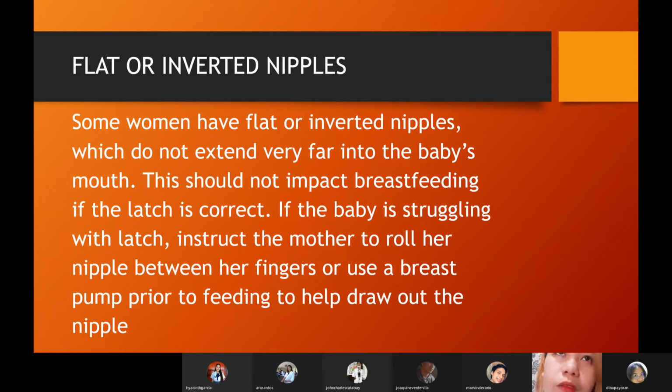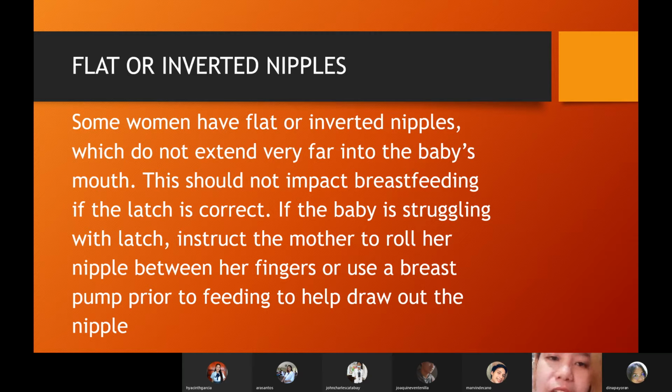Since the baby cannot find the nipple, they tend to switch to bottle feeding. So from day one, the baby was fed by bottle, but not by milk. Some women have flat or inverted nipples which do not extend very far into the baby's mouth. This should not impact breastfeeding if the latch is correct.